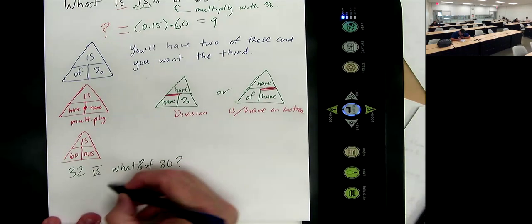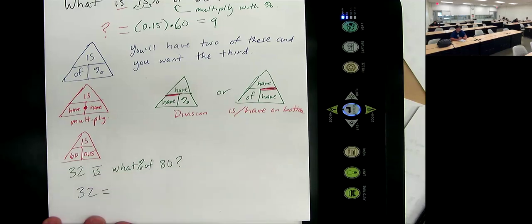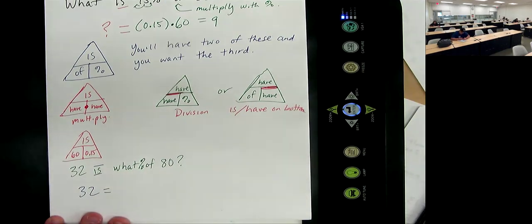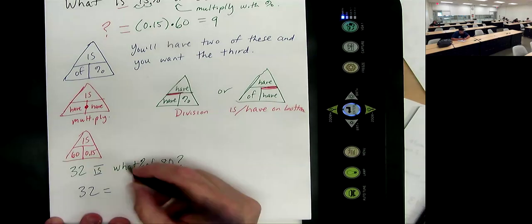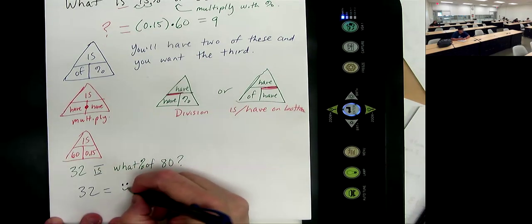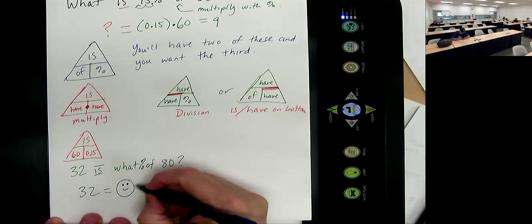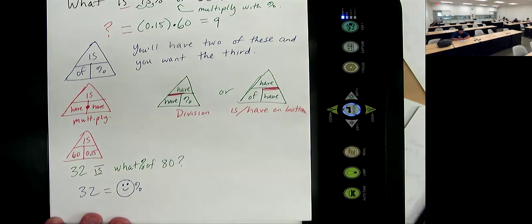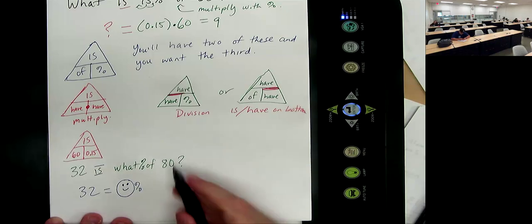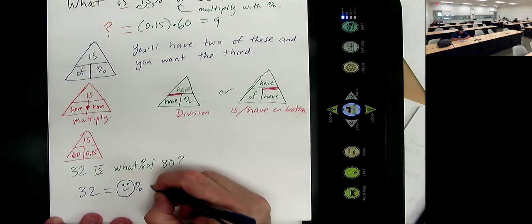The is is our equal sign and 32 is on the left. What percent? I don't know. I'm gonna put a smiley face as a variable here. But the percentage and the of multiply together, so it's that times 80.